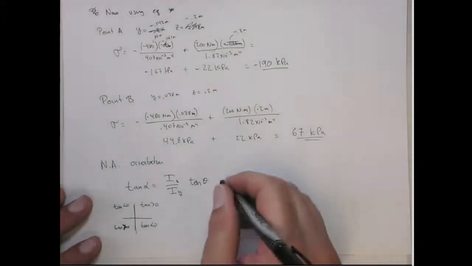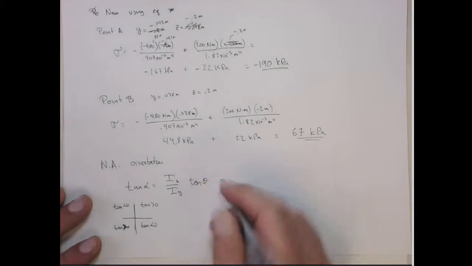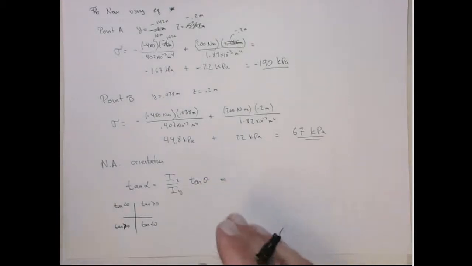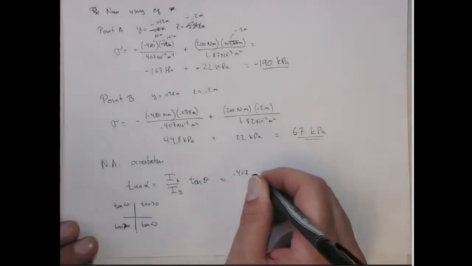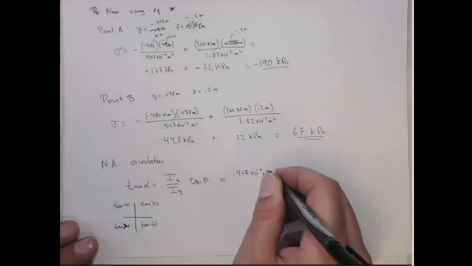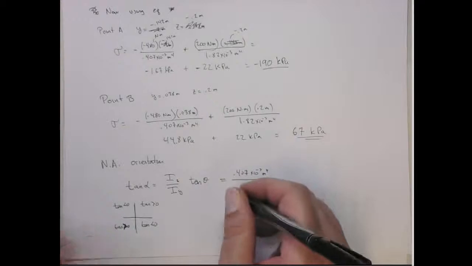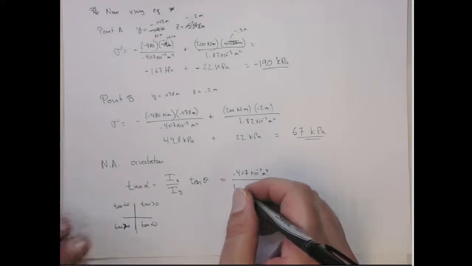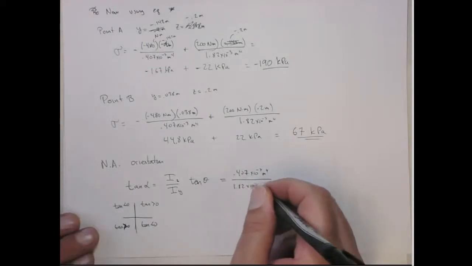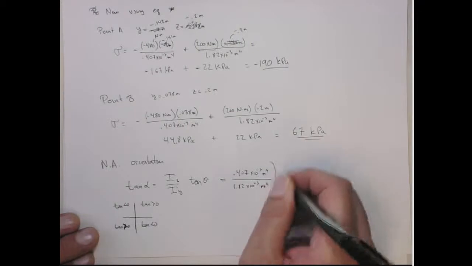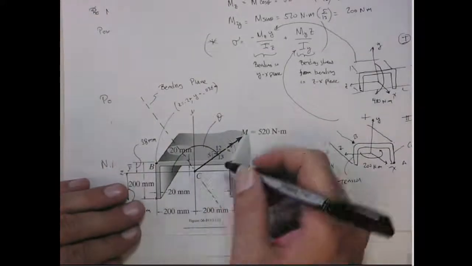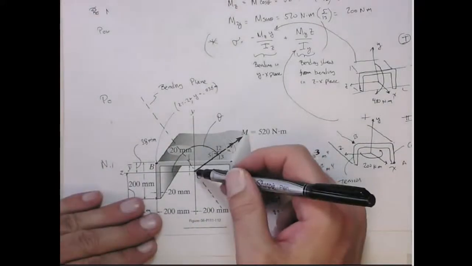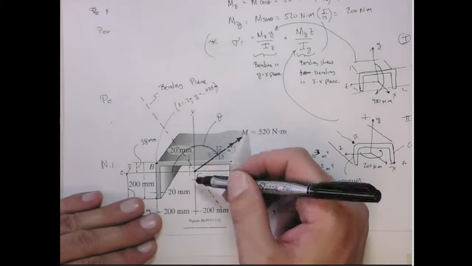So this is I_z over I_y. Now I_z, we computed before, this is 0.407 times 10 to the minus third meters to the fourth, over the I_y, which is 1.82 times 10 to the minus third meters to the fourth, times the tangent of theta. And if you look at this, tangent of theta is rise over run. So the rise of this angle is 5. The run is minus 12.